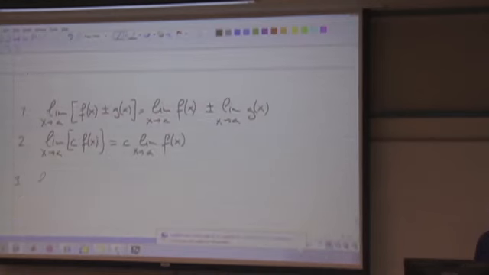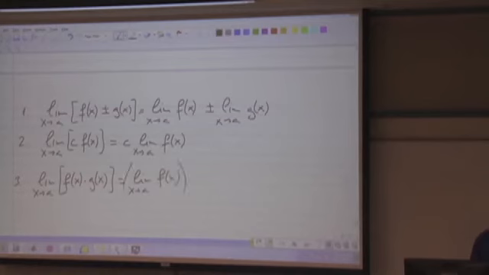Three, the limit as x goes to a of f of x times g of x is equal to the limit as x goes to a of f of x times the limit as x goes to a of g of x.